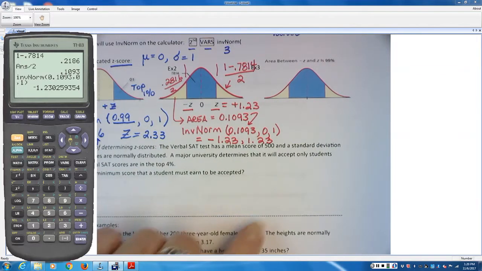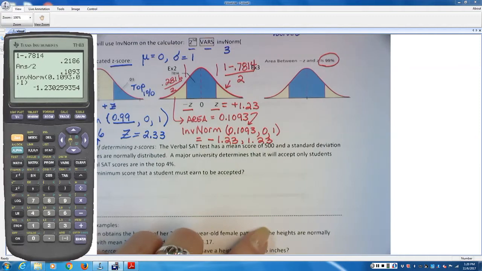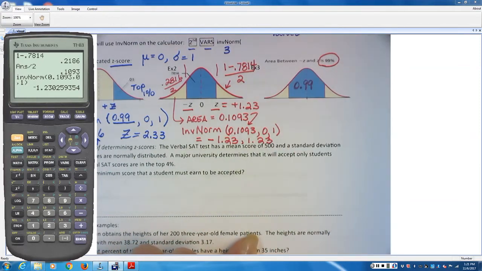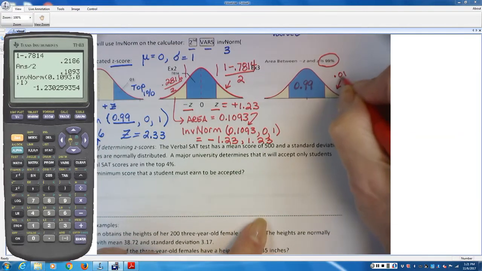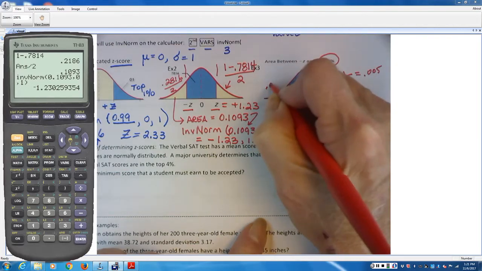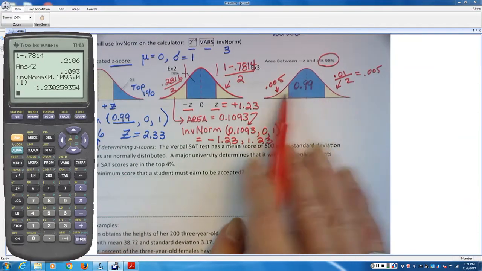And then on our last one, it says the area between the two z-scores that we're seeing is 99%. So if there's 99% between there, how much is in here? 0.005, which is half of 0.01. Which means that same 0.005 is also on the other end. Okay? You're just taking 1 minus 99% and then dividing it in half.